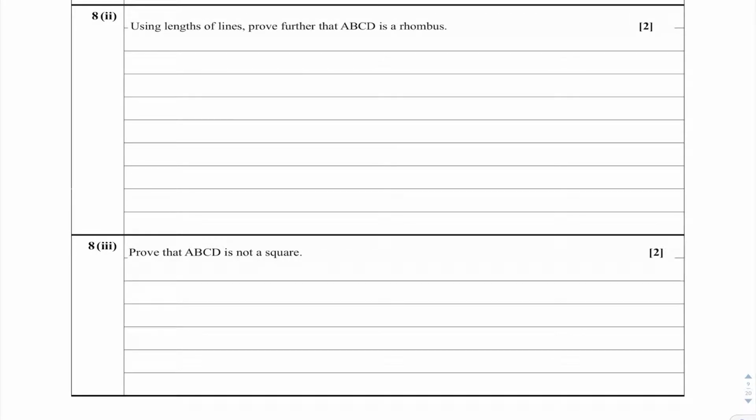Using length of lines, prove further that ABCD is a rhombus. A rhombus has equal sides. Therefore, AB must be equal to BC.